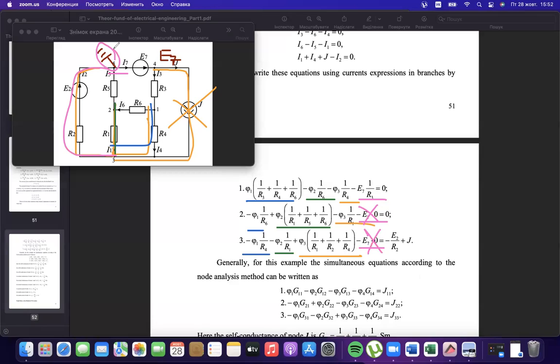And that's all. That's all 3 equations for the points.